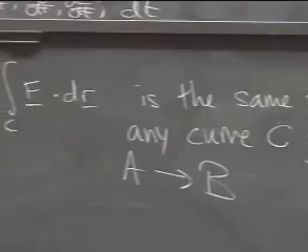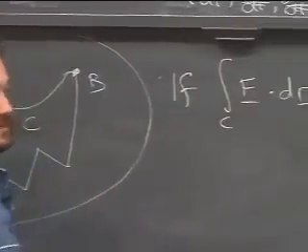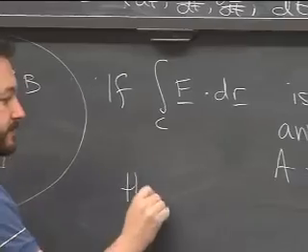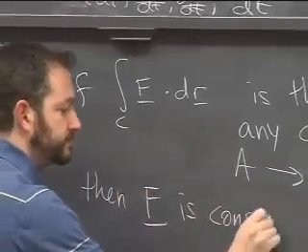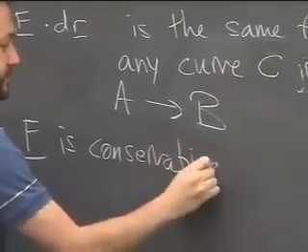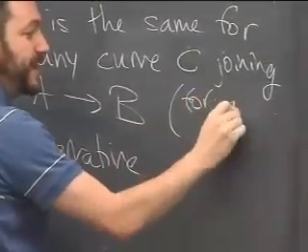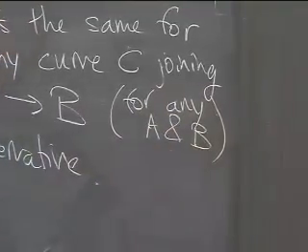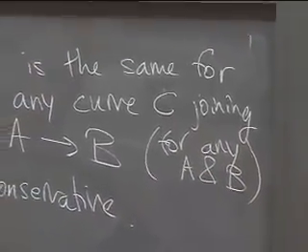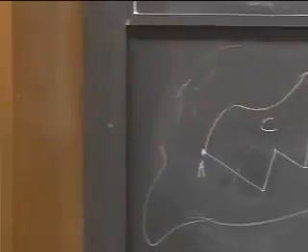So basically then, if this is the same, then F is conservative. And this has to be true for any pair of points A and B as well. So if you have path independence of the line integral, that's what this is called in a nutshell.